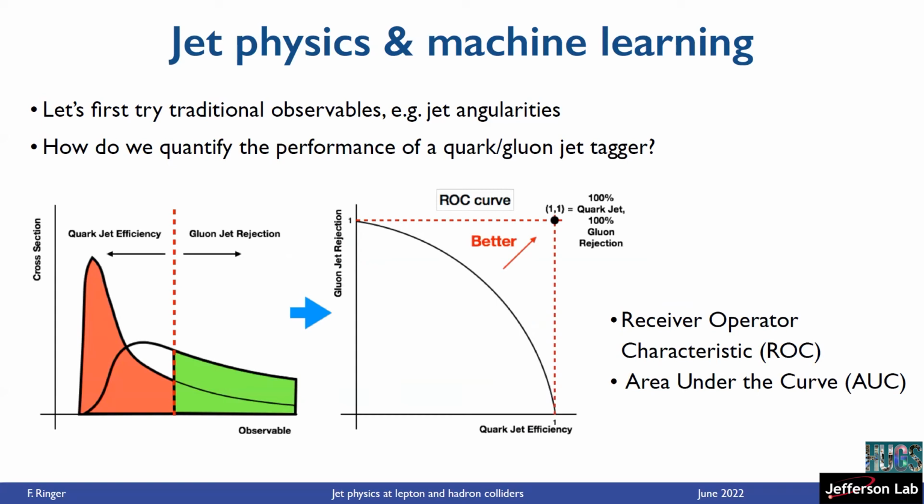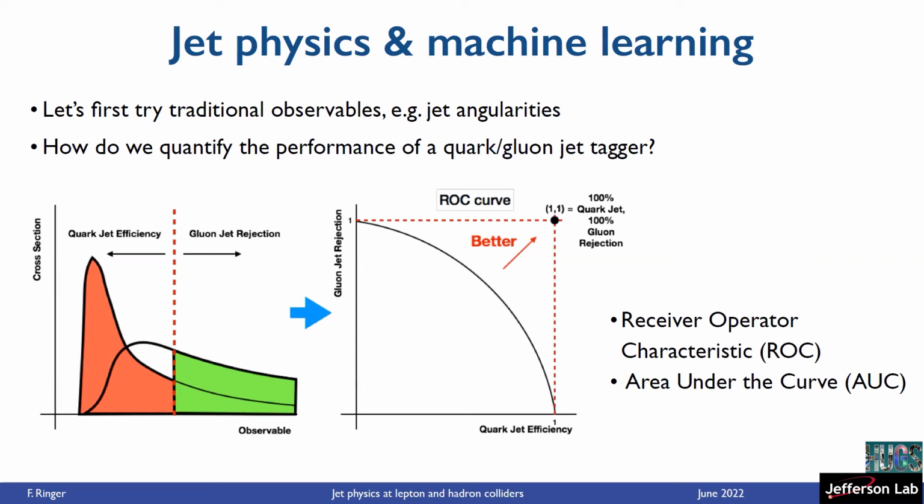I'm not sure if Rabak also covered something like a ROC curve. Did he discuss that in terms of classification? No? Okay. So if I put a cut here, everything to the left I count as quark, and everything to the right I count as a gluon jet. Then I'm going to make some error, and this quantifies how well I'm doing.